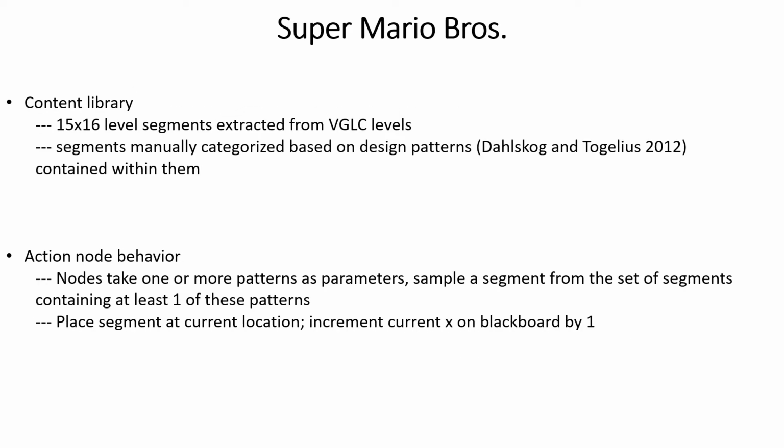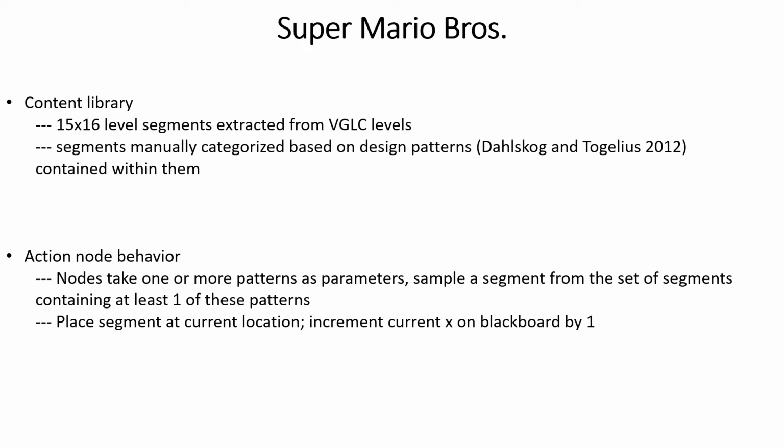Okay, so with all that said, I'll now move on to discussing applications of behavior trees for generating levels in a bunch of different games, starting as always with Mario. So here for the content library, we extracted level segments from the Mario levels in the VGLC, and then we categorized them based on the design patterns that were contained in the segments, using the design patterns as defined in prior work by Dalskog and Togelius.